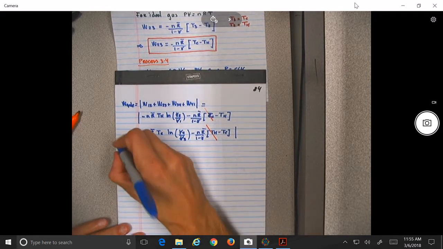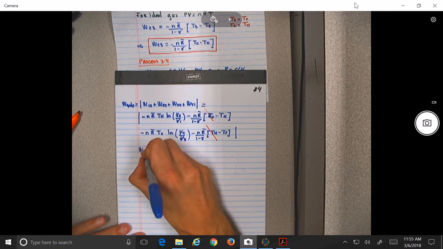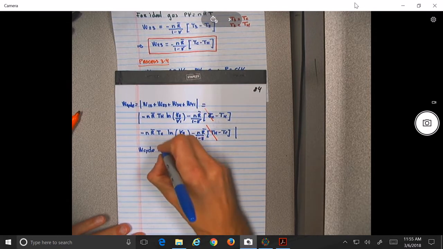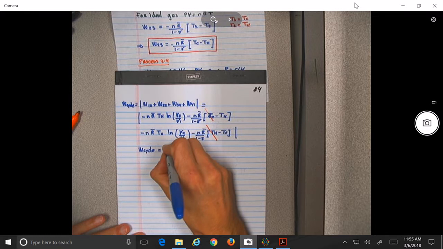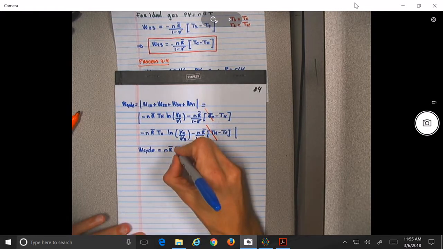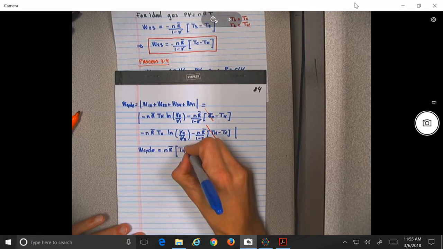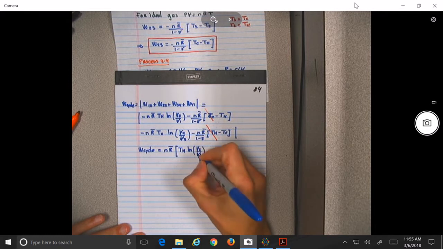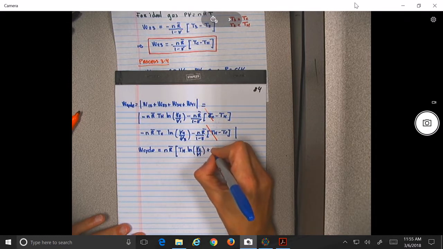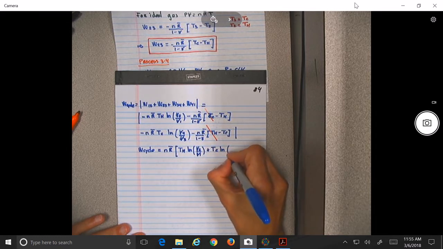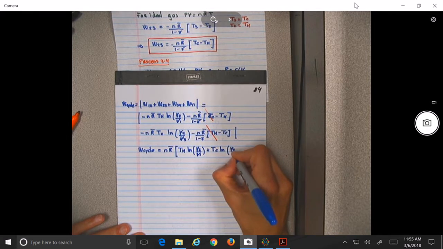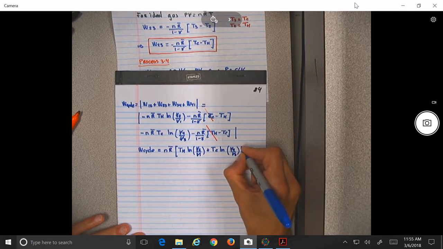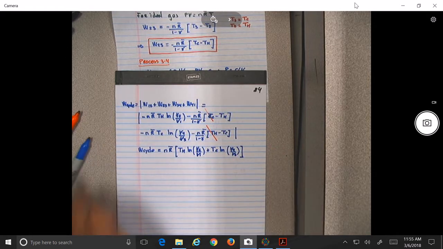So basically this will give you that the work of the cycle, if we factor out by N R, will be equal to T hot log V2 over V1 plus T cold log V4 over V3.